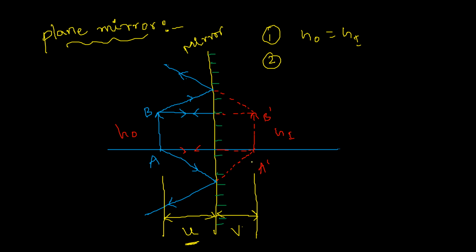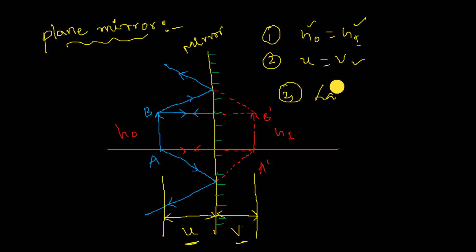The distance between mirror and image, this is a mirror I am taking, is called image distance. Here object distance is equal to image distance. So the first one is height of the object equal to height of the image. The second one is object distance is equal to image distance.